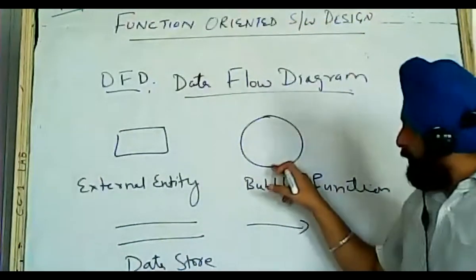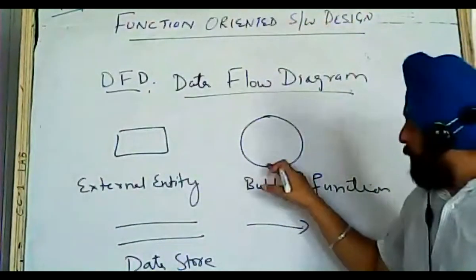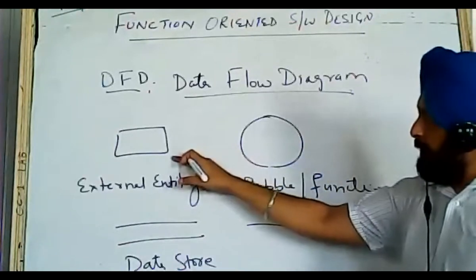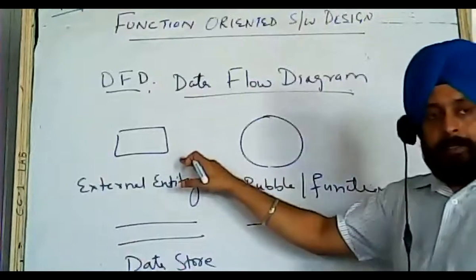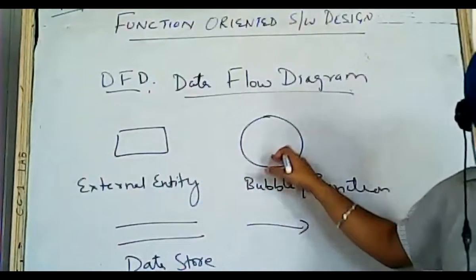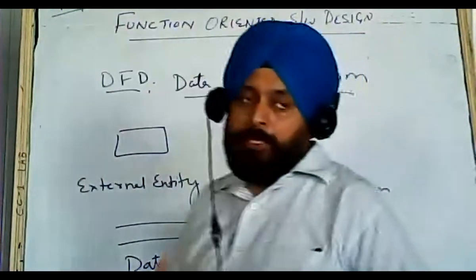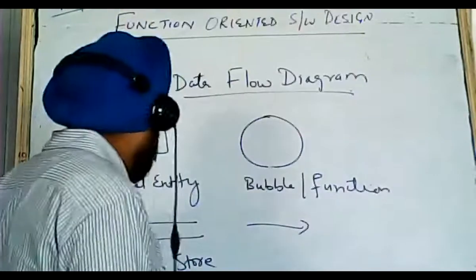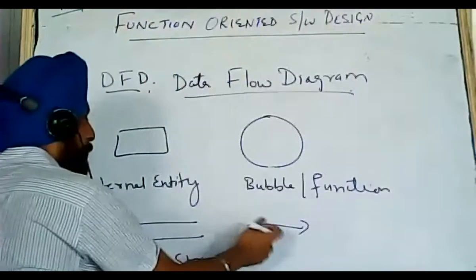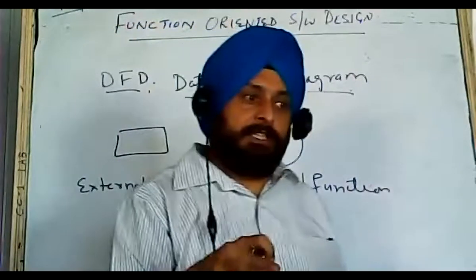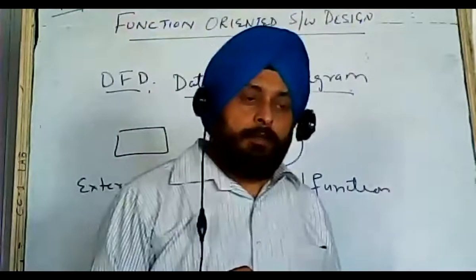Whatever functions you represent, you have to represent with the help of the bubble. There is a connection between the bubble and the entity. The entity has an interface with the function, because this function has to be carried out for a certain entity. Some entity will be using that particular function, and the data flow is very important: where the data is flowing, whether it is going into the function or coming out of the function.